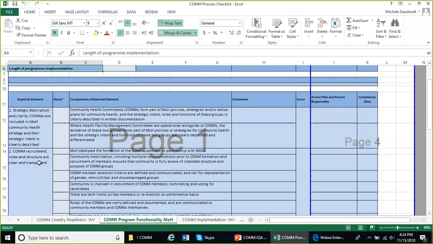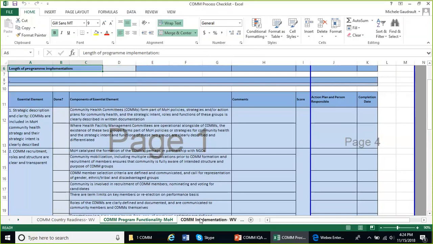But be that as it may, if it's one tab or 2 tabs, these are the sorts of things that we want to look at national level in terms of what it takes to have quality COMM programming.